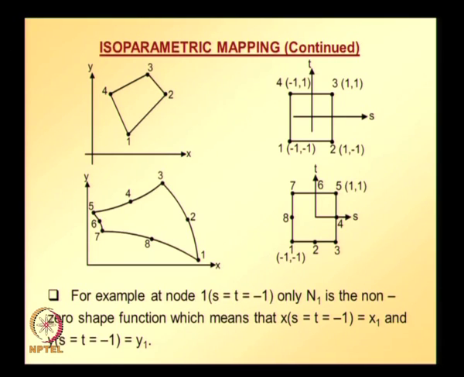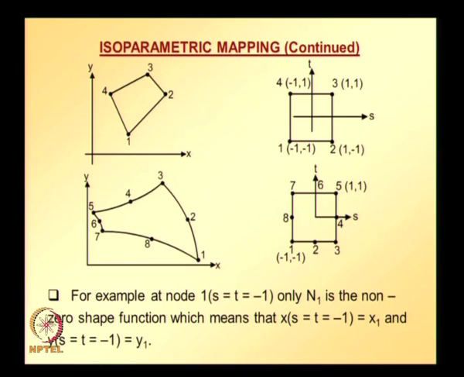Recall how x is defined, x is sigma Ni xi. So, all other shape function values at node 1 are 0 except N1, which is equal to 1. So, x becomes the same as x1 and y becomes the same as y1. So, that is what that statement says.